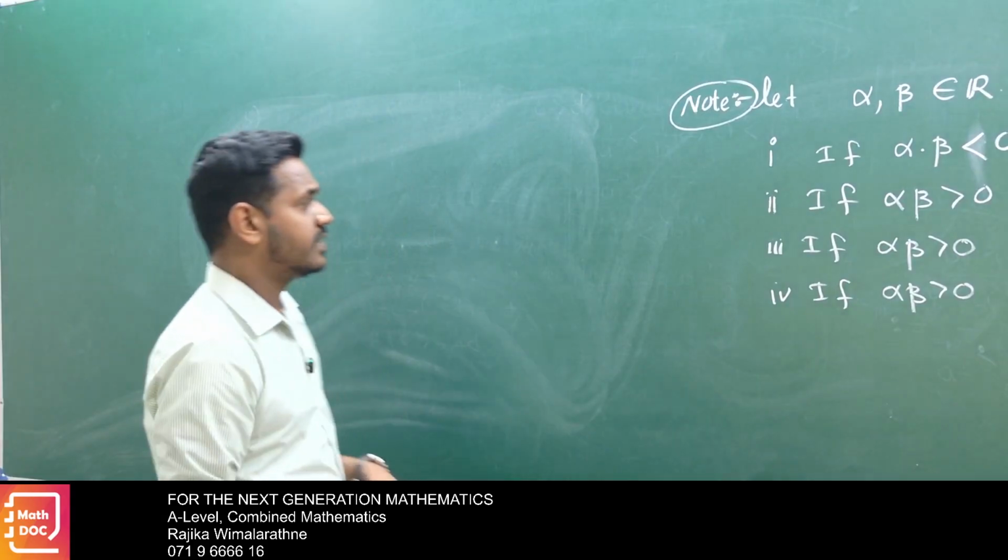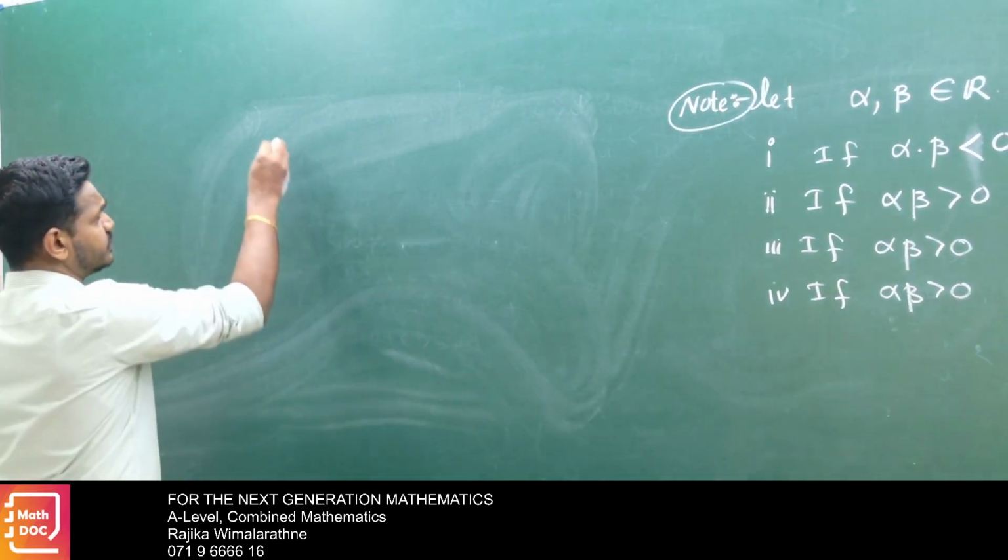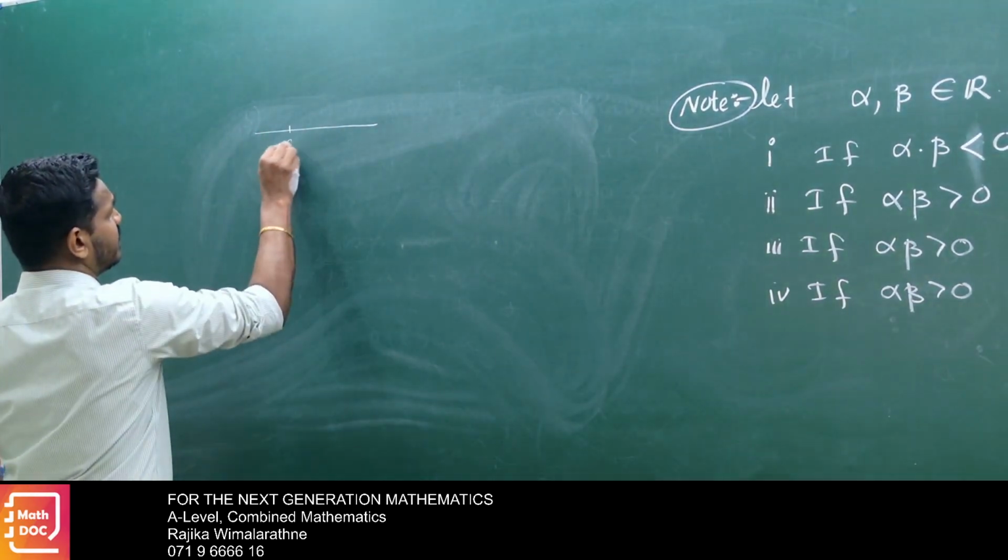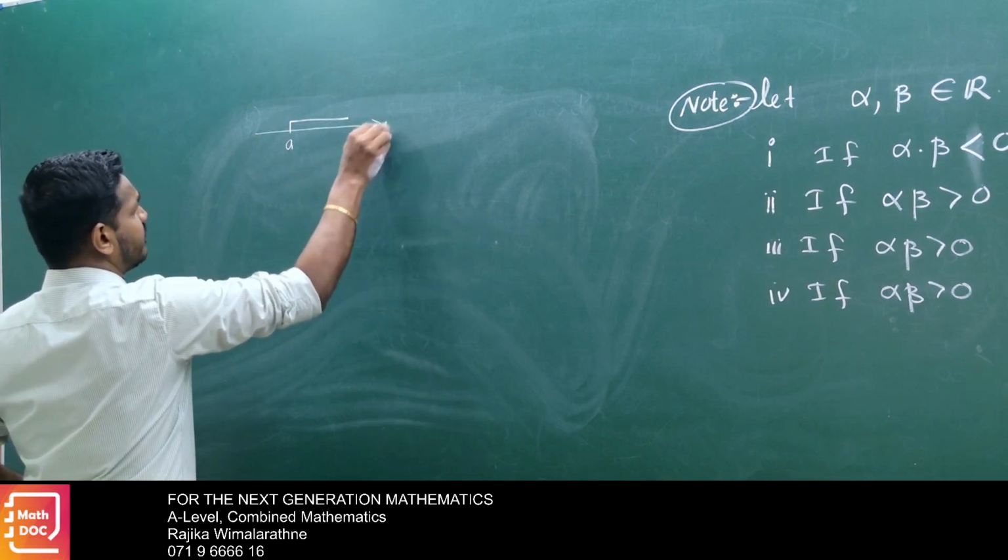Now you see this. Here A, here real number line.